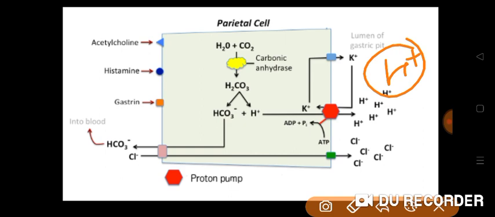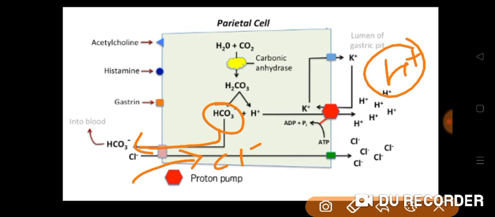Here you can see we have bicarbonate ion in the parietal cell. This bicarbonate ion goes into the blood in exchange with the chloride ion through this bicarbonate ion antiporter.